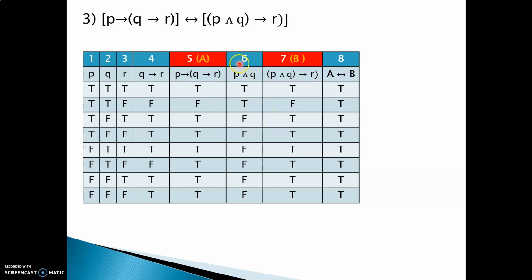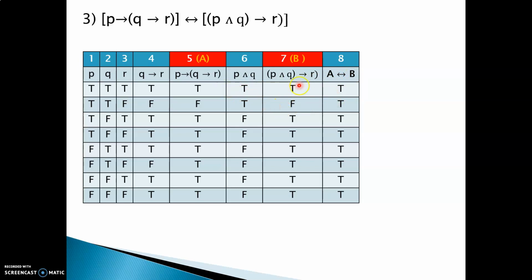Then sixth column P and Q, that we did. Then P and Q implies R. So I have given another name for this. That is also done. Then the eighth column is the combination of 5 and 7. So instead of writing the full statement pattern, I'll write only A if and only if B. Then I'll take column number 5 and 7 values to calculate.